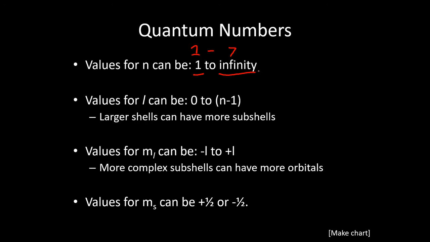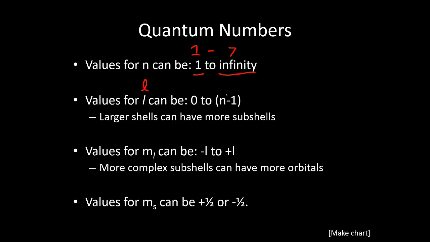Now, for the second quantum number, the angular momentum quantum number, which is normally written as a cursive L, the values that an electron can have for this second quantum number are determined by the value for the principal quantum number.